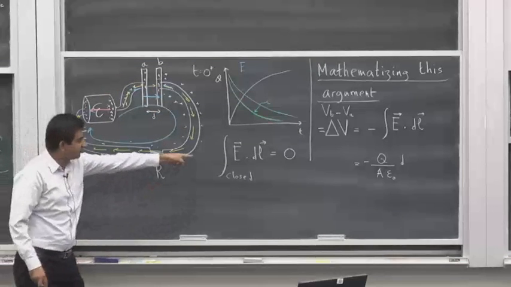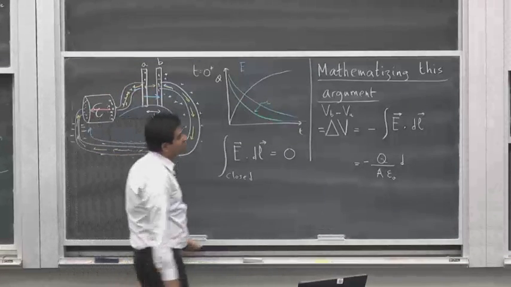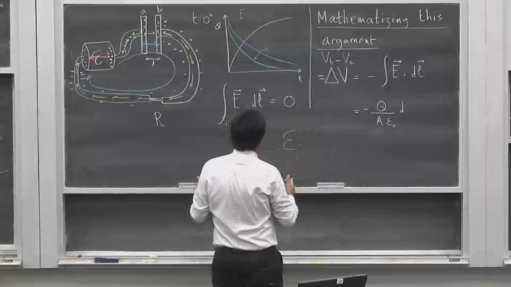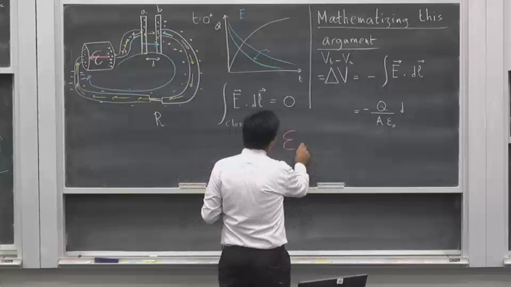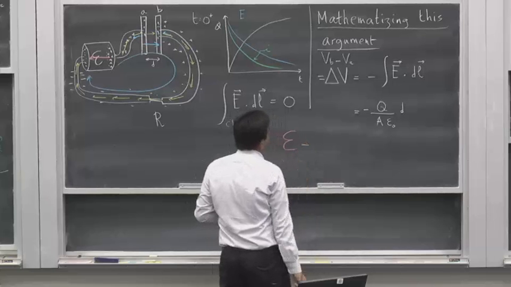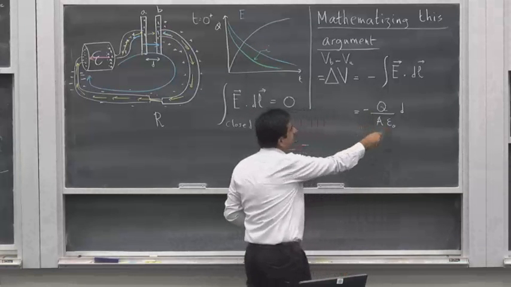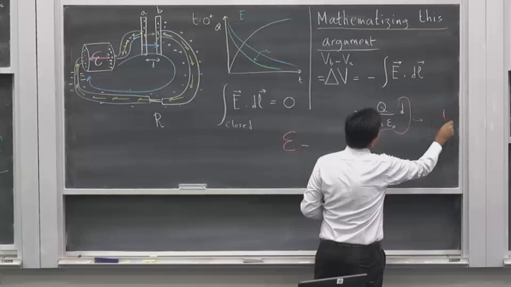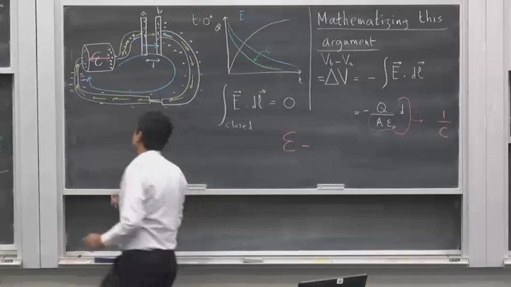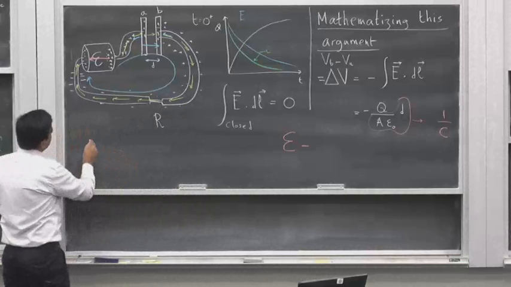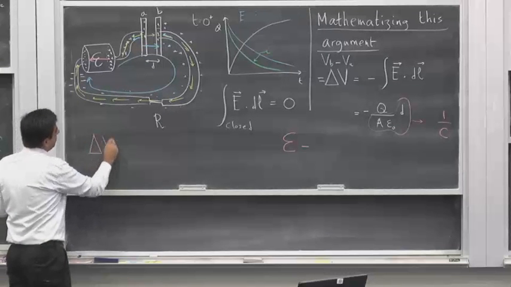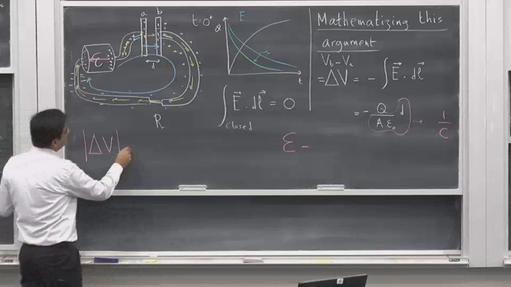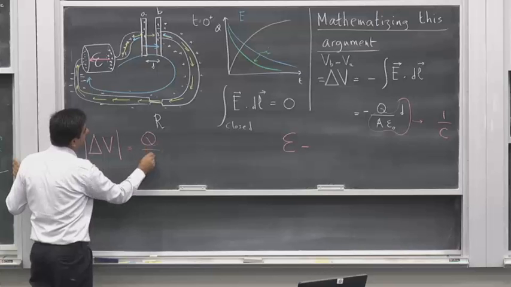And if you apply Kirchhoff's voltage law here, you will get the EMF of the battery minus the magnitude of this potential drop, which is Q over this object, right? This object is called the capacitance, 1 over C. We define the capacitance C in the following fashion. The potential drop magnitude in a capacitor is given by the charge on the capacitor divided by the capacitance.